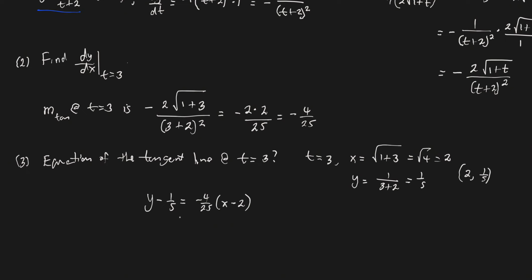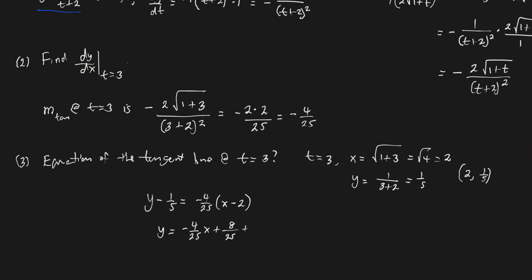If you wanted to simplify it or put it maybe in the slope-intercept form, you could distribute the -4 over 25 and then add 1/5. I'm going to do that all in one step. So we'll have -4 over 25x plus 8 over 25 plus 1/5.